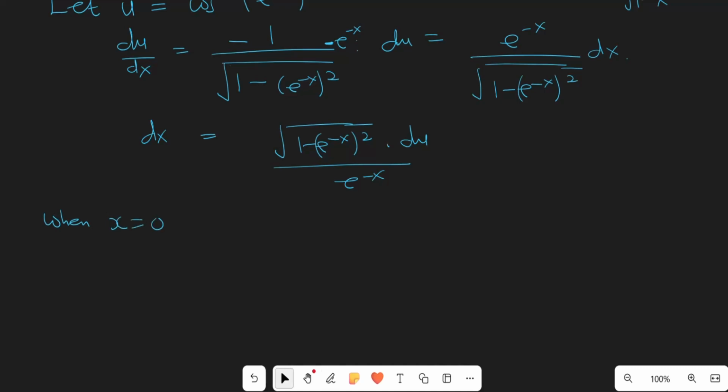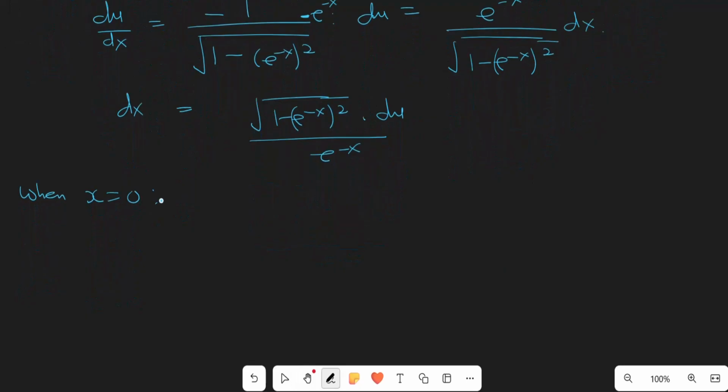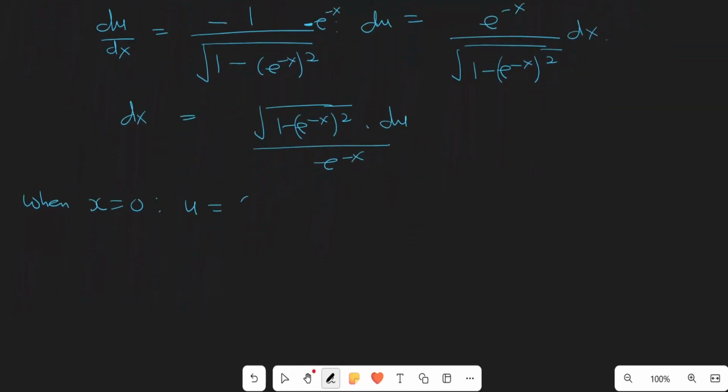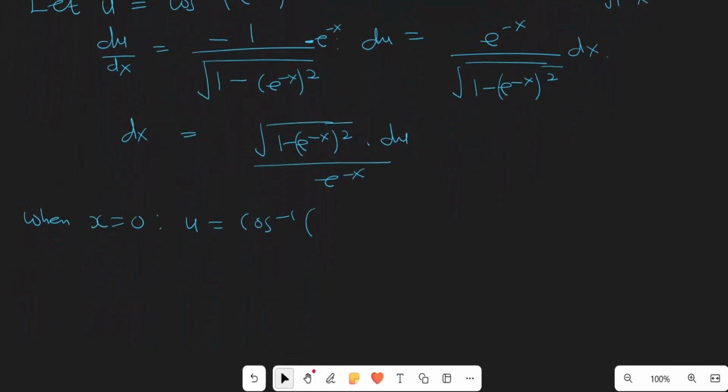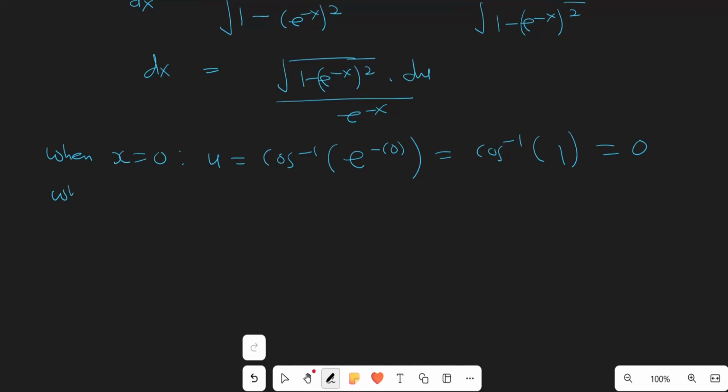When x is equal to 0, what will happen to u? u is going to be the cos inverse of e to the negative x, so that is cos inverse of 1. Cos inverse of 1 is 0 because cosine of 0 is 1.